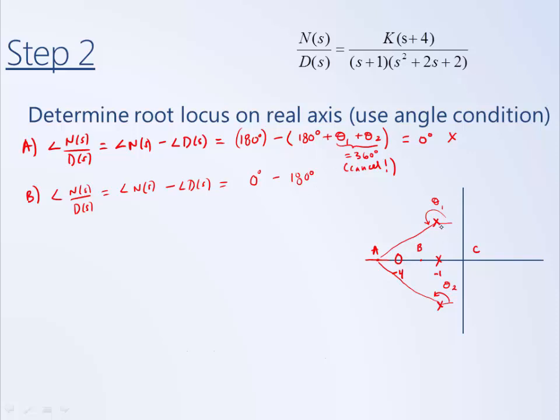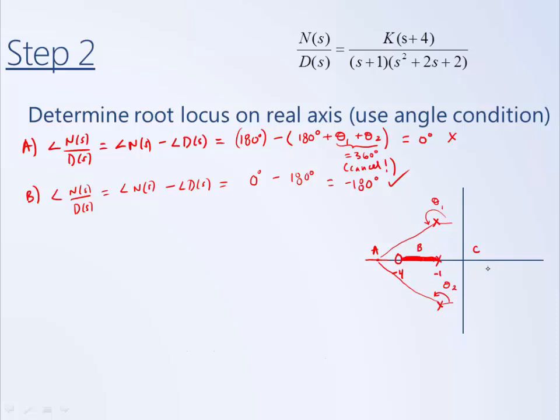We don't have to explicitly consider these conjugate poles because we know that their angles will always sum to 360. So 0 minus 180 is equal to minus 180 degrees. Thinking back to our angle condition, that does satisfy our angle condition. We needed it to equal minus 180 plus or minus some multiple of 360. So this will be part of our root locus, the region B.